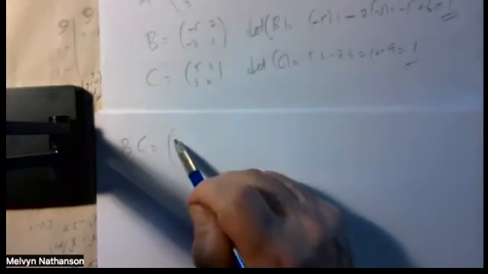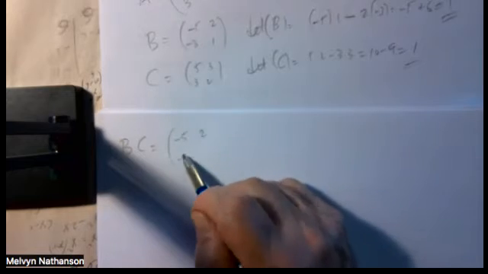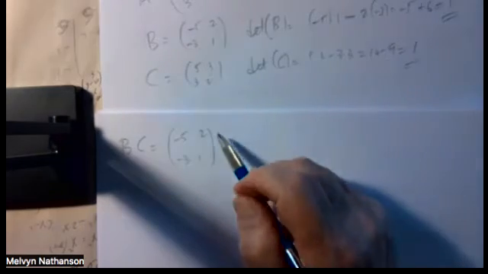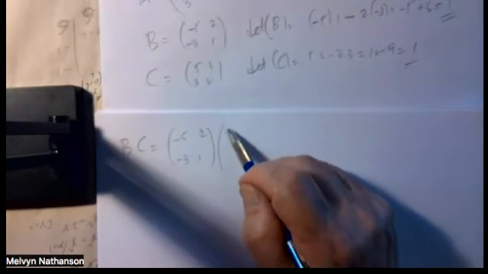Let's multiply the matrices B and C together, see what we get. So B times C, that's the matrix minus 5, 2, minus 3, 1, times C, that's the matrix 5, 3, 3, 2.